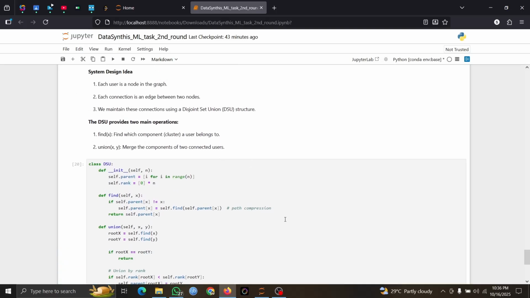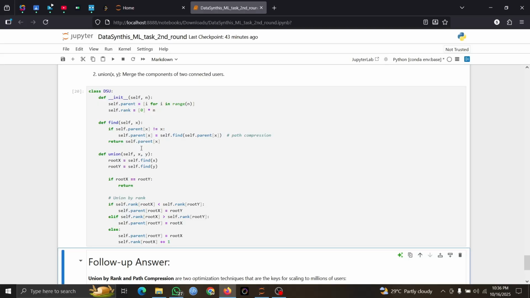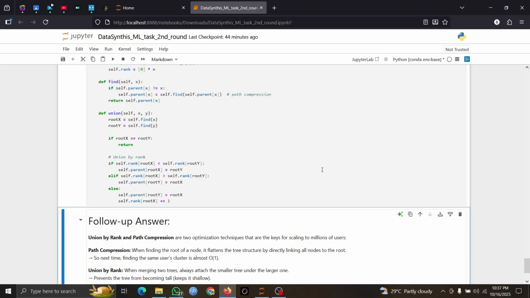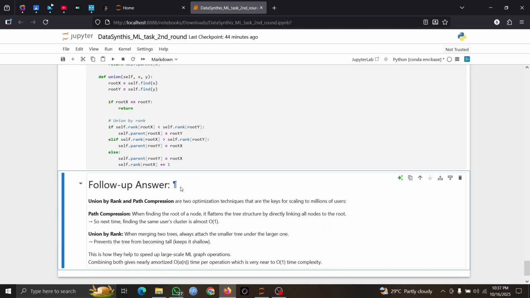Find means it finds which cluster or component a user belongs to, and union means it merges the components of two connected users. I have designed the DSU structure here, defining the find function and the union function. I have already said that I have used path compression and union by rank in order to make it faster.